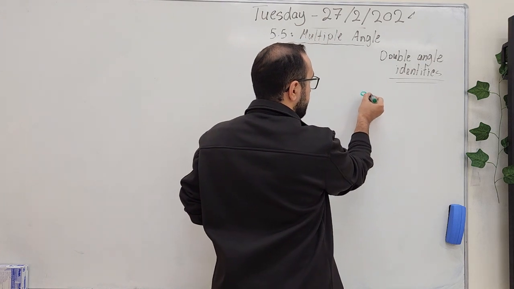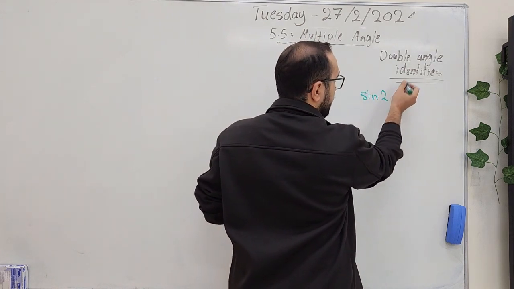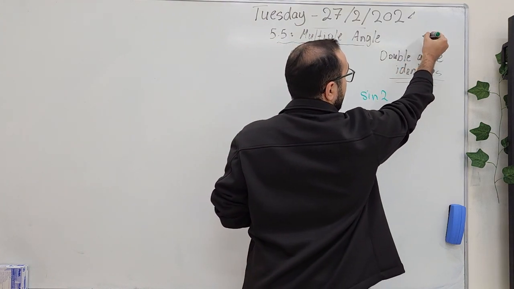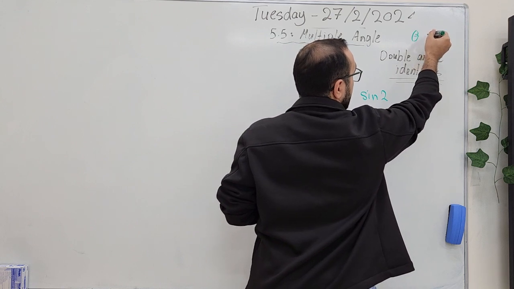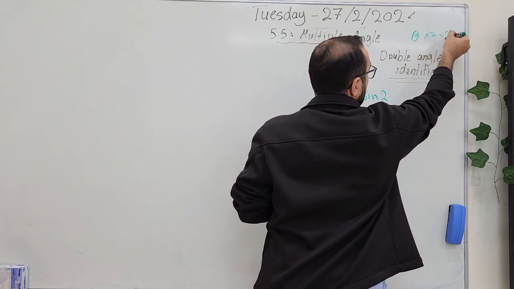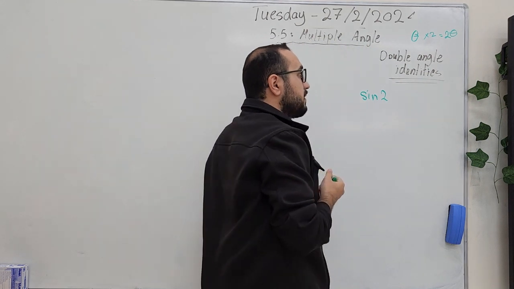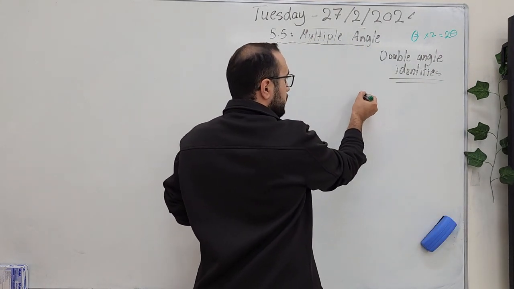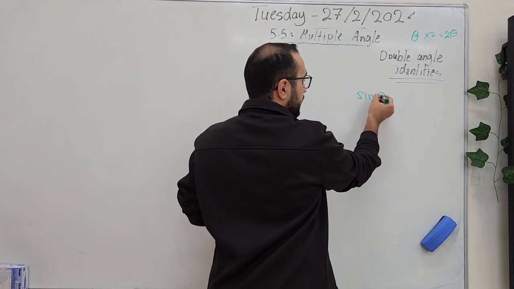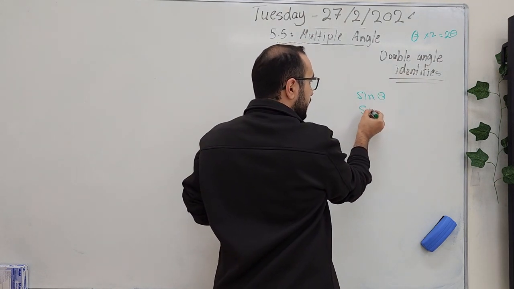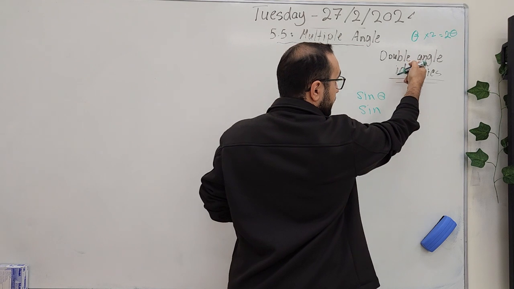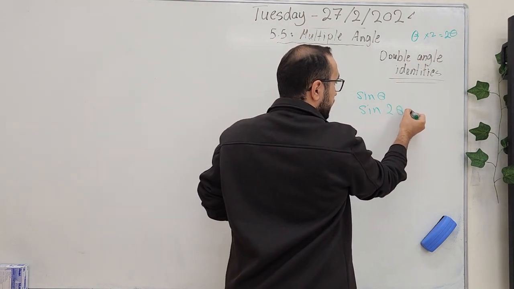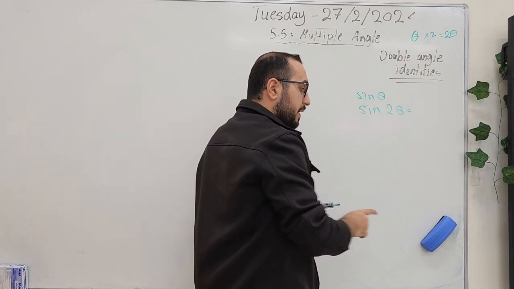Let me write sine double theta, because it's saying double angle. Double angle means if I have an angle, multiply by 2, so it will be 2 theta. So this is the double angle. Now, what's the sine double theta?